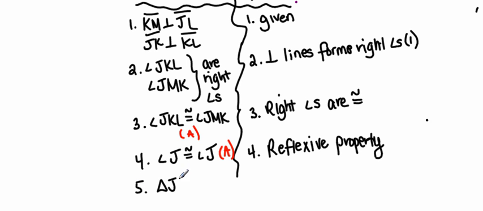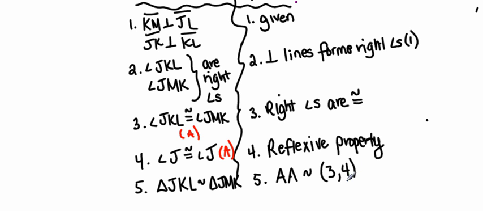So I'm all set to conclude that triangle JKL is similar to triangle JMK. And as far as a reason, angle-angle similarity. And I'm going to cite statement 3 and statement 4 because those are the two statements which included my pairs of congruent angles.